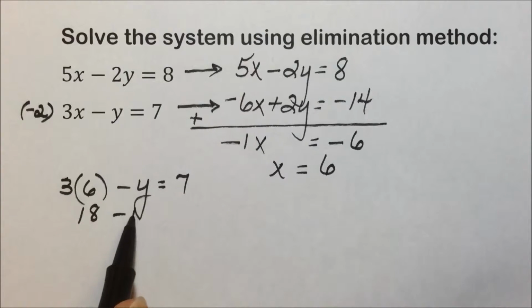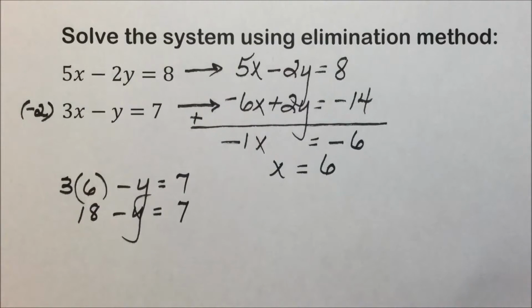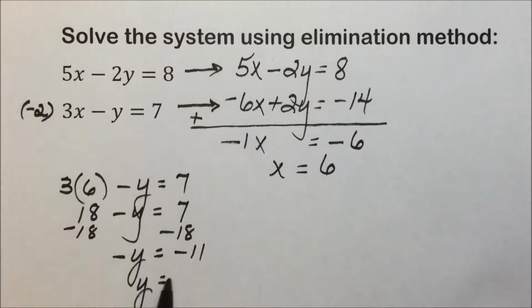That leaves 18 minus y is equal to 7. Subtracting 18 from each side leaves negative y equal to negative 11. Multiplying both sides by negative 1 leaves us with y equal to 11. So the point of intersection between these linear equations is the point (6, 11).